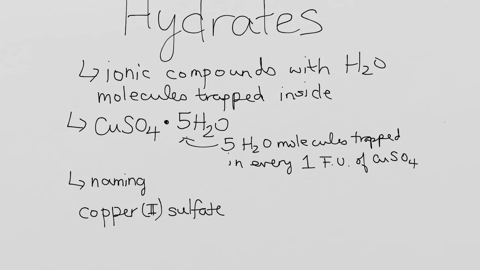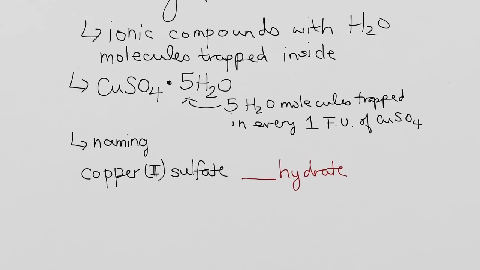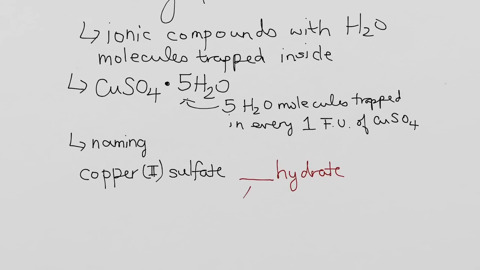After that, you're going to add the word something hydrate. The blank there stands for a prefix that represents how many water molecules there are. These are the same prefixes used for naming molecular compounds.